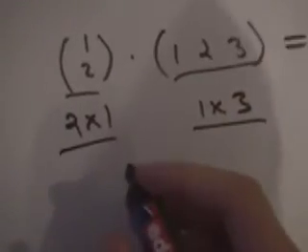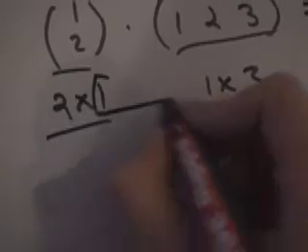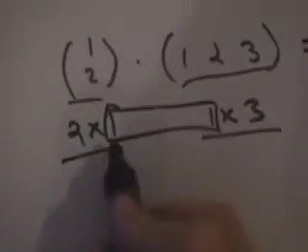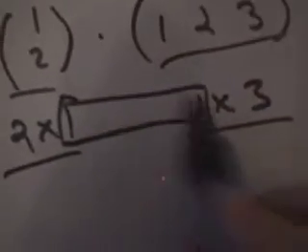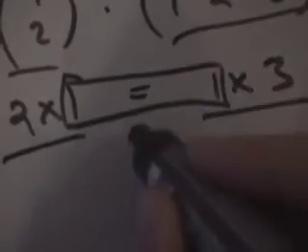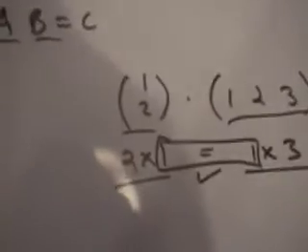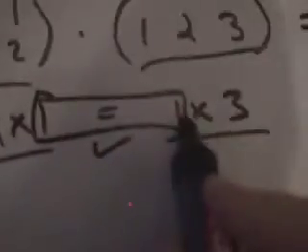In order to see if it's possible or not, you have to ask: is the column of the first equal to the row of the second? If that's true, then it's possible. If that was a 2 and that was a 3, it wouldn't be possible to do, just to make it clear.